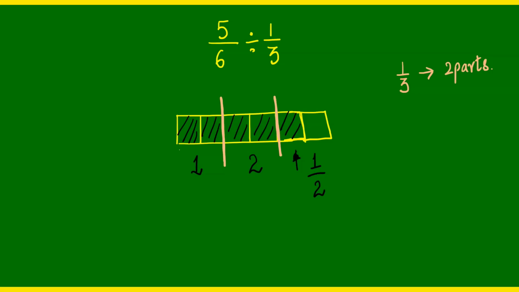So what should be the answer to this? 2 whole 1/3 and 1/2 of 1/3. So the answer makes sense now that there are 2 whole 1/3 and 1/2 of 1/3 in 5/6. Let us take another question.